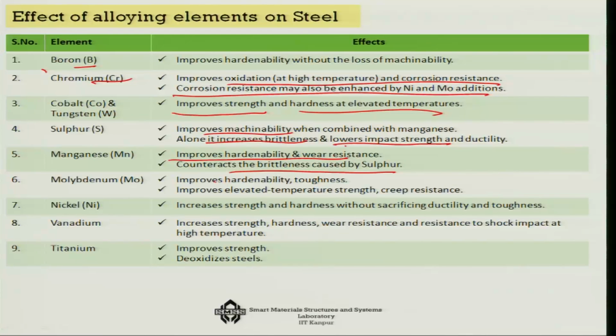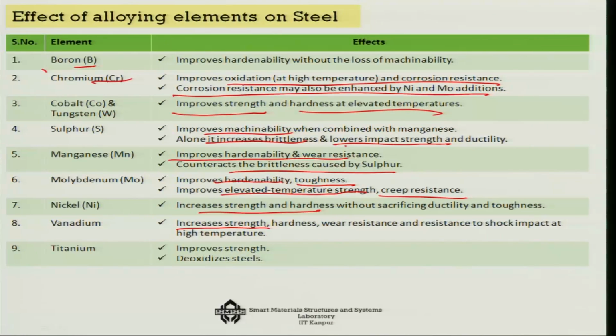Molybdenum improves again hardenability and toughness, and it improves particularly the elevated temperature strength, creep resistance, etc. Nickel increases strength and hardness without sacrificing ductility and toughness.